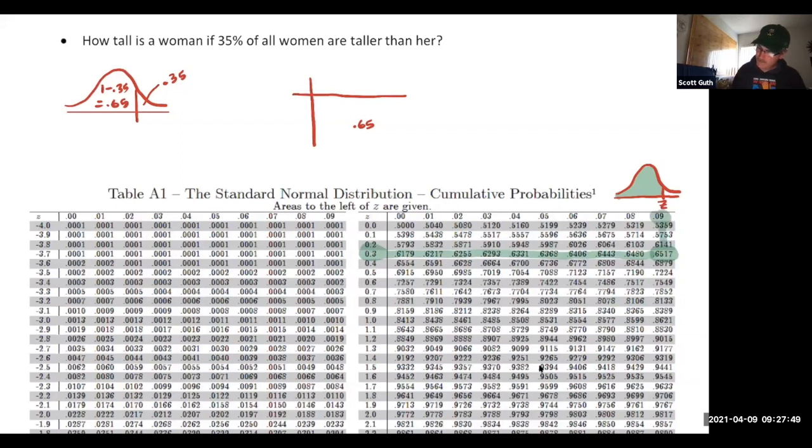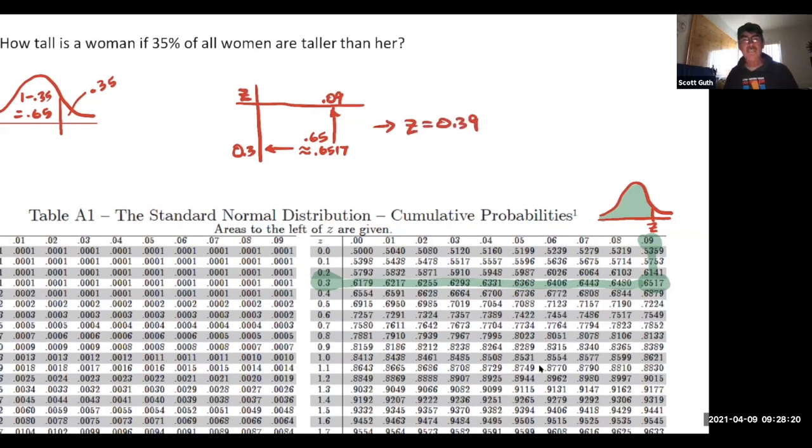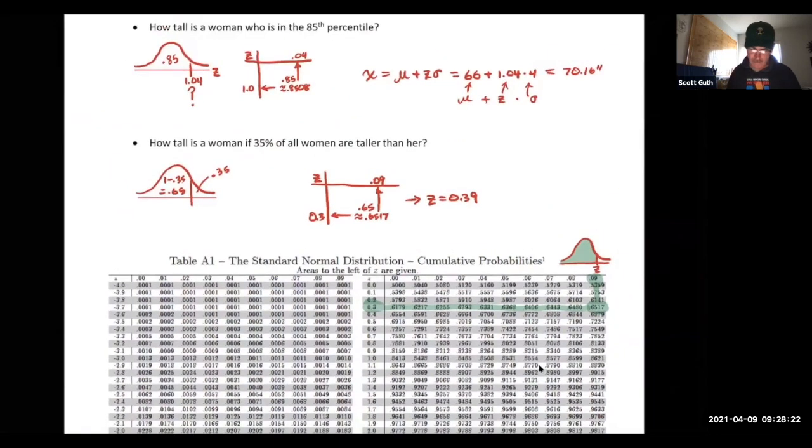So good. 0.65 is closest to 0.6517, which relates to a z-score of 0.3 and up to 0.09. So z is 0.39. She's only 0.39 standard deviations above average height.